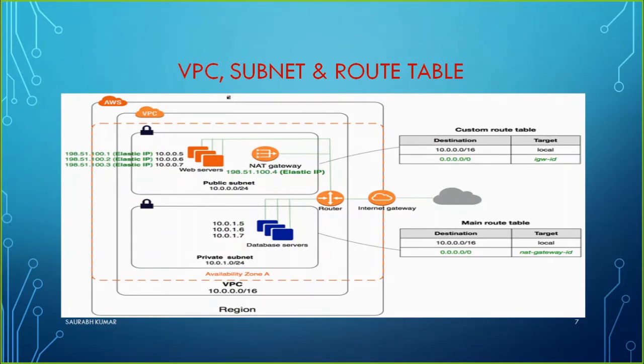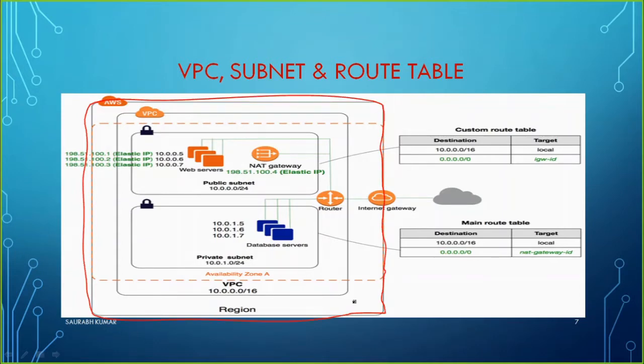Now let's try to understand in a graphical way how the VPC is going to work. Maybe we have decided to use one region. This outer boundary represents one region. Whenever you are using the AWS console, you will choose the region.